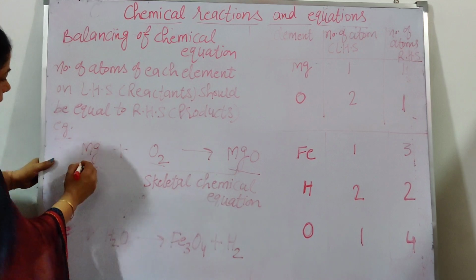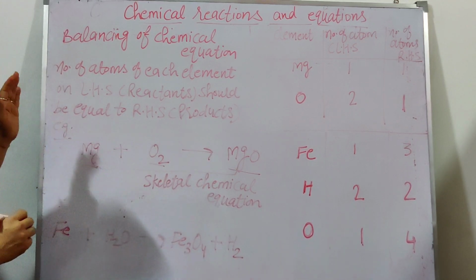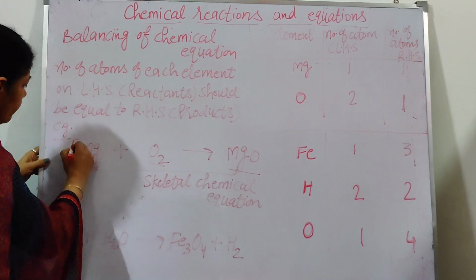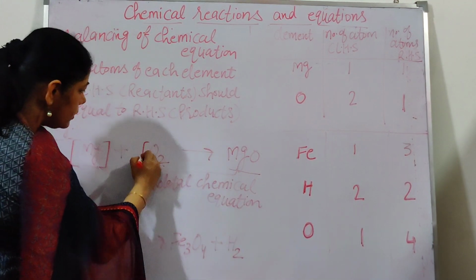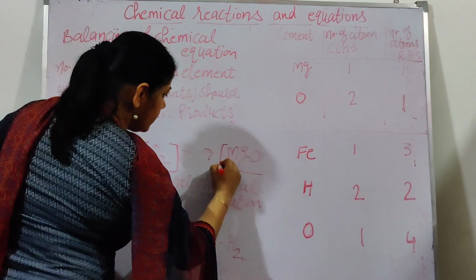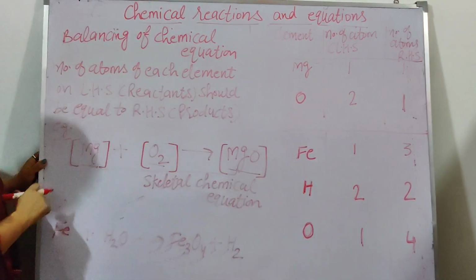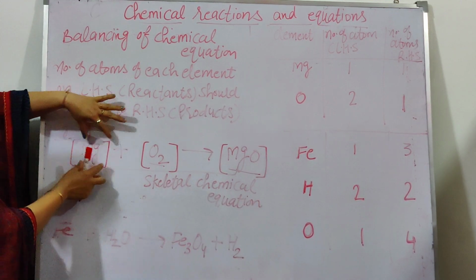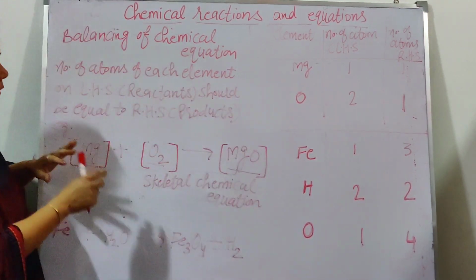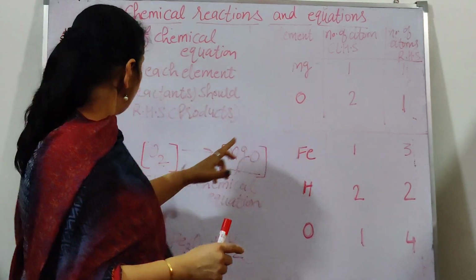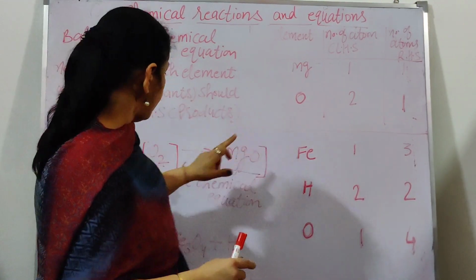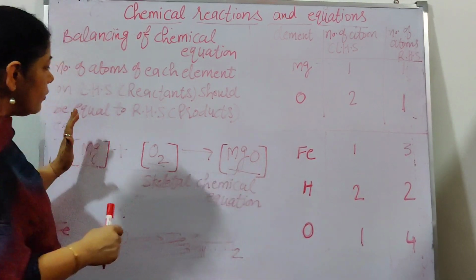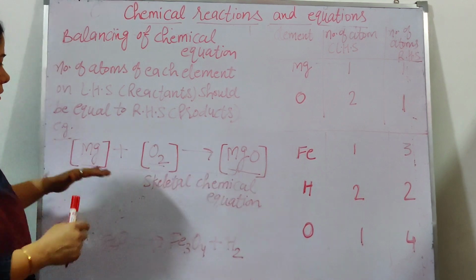Before starting the balancing of a chemical equation, first keep all the elements and formulas in brackets so that you will not make any change inside these brackets. Now you will make a table, and you will write each element that takes part in the chemical reaction, and then you will write the number of atoms on both sides.